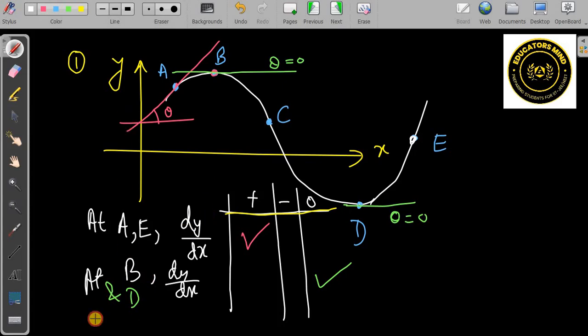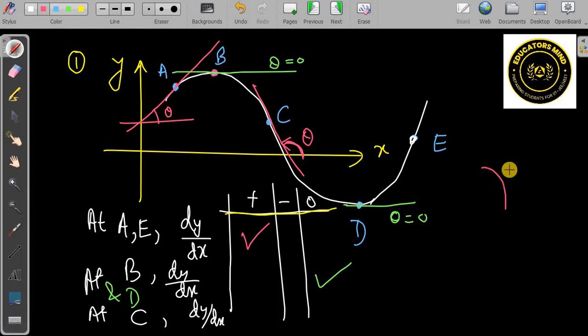Similarly, if you take point C, what is dy by dx? Now when you draw the tangent at point C, you will see it is going to make an obtuse angle. Because the angle is measured from the positive direction of the x-axis in the anti-clockwise direction, right?